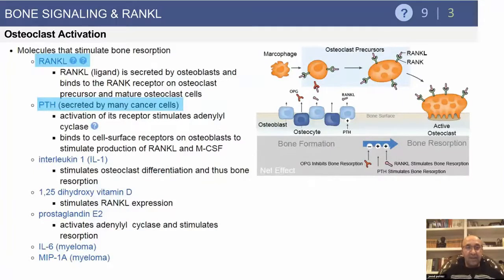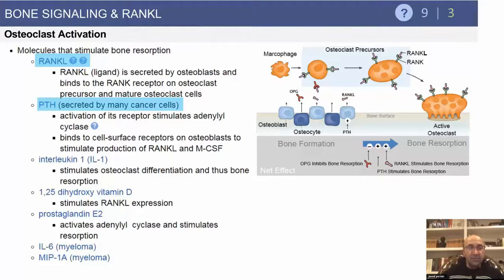RANK ligand, very commonly asked, is secreted by osteoblasts and binds to the RANK receptor on osteoclast precursors and leads the osteoclast precursor to then mature into osteoclast that obviously leads to activities we'll describe.